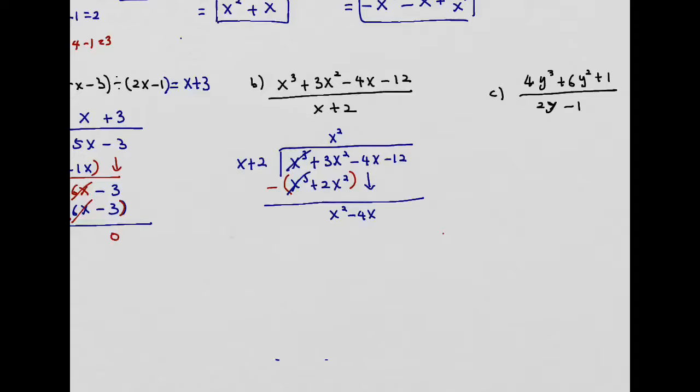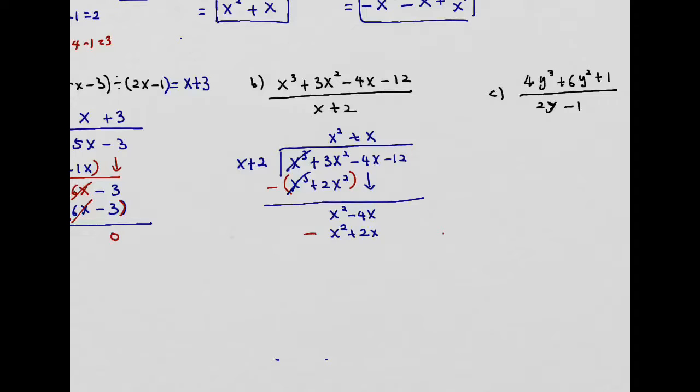Now we're going to think again, what do you need to multiply x by to become x squared? That's going to be x, positive x. And that x, you're going to multiply into x plus 2. Then you get x squared plus 2x.